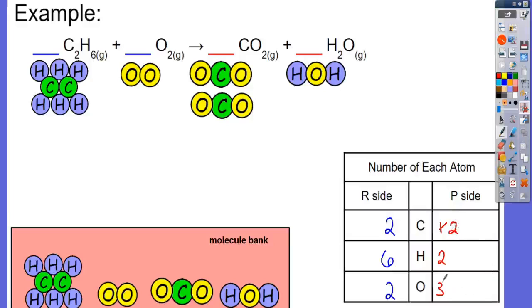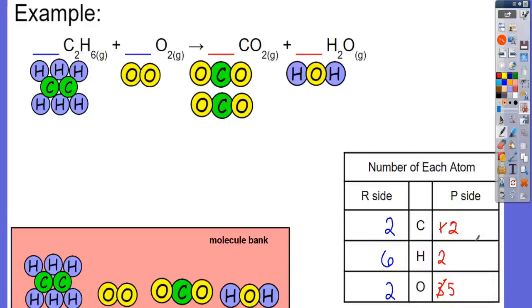I had 3 oxygens, but now I've changed my total number of oxygens. I now have 1, 2, 3, 4, 5 oxygens. So my 3 oxygens is now a 5 oxygen. Okay, now my oxygens are pretty unbalanced, but I want to wait until the end for oxygen.